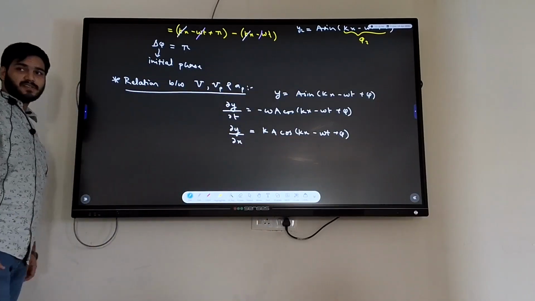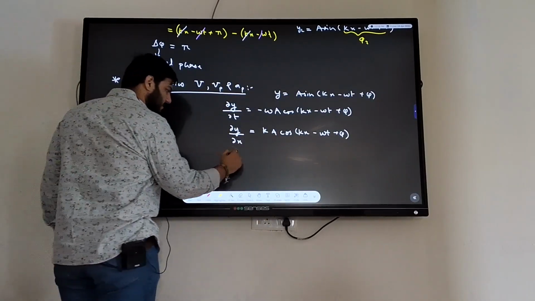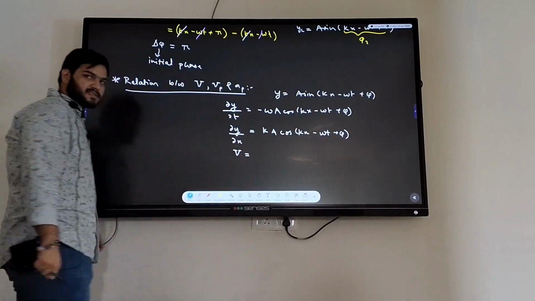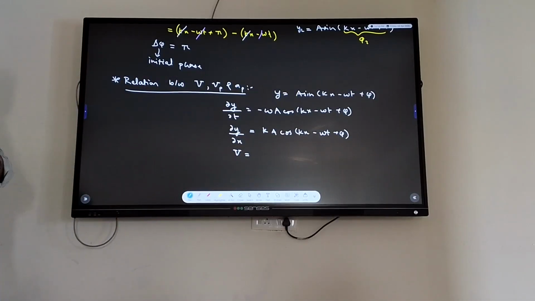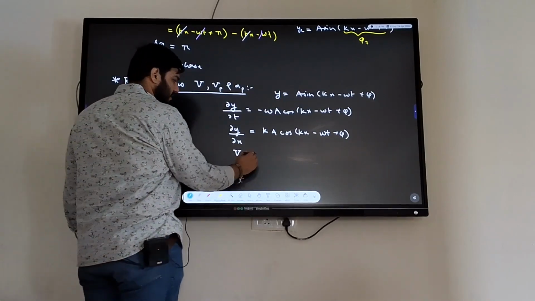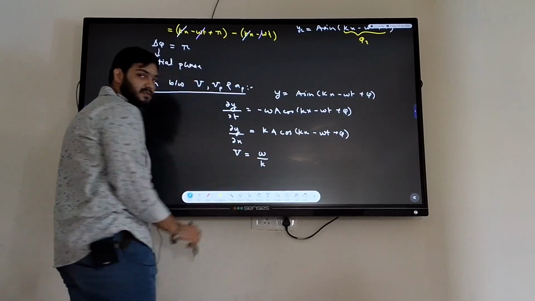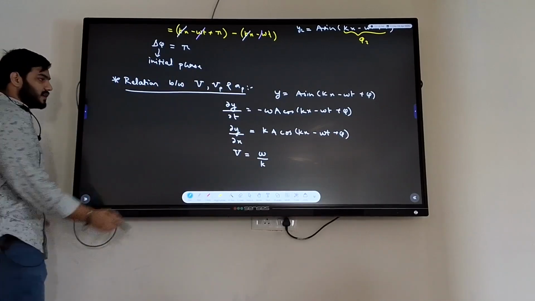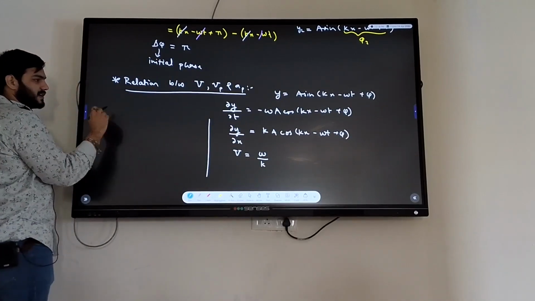What is the velocity of the wave? That's minus the coefficient of time divided by the coefficient of x. What is that here? Omega by k. Correct? Now let's take the ratio of del y by del t and del y by del x.